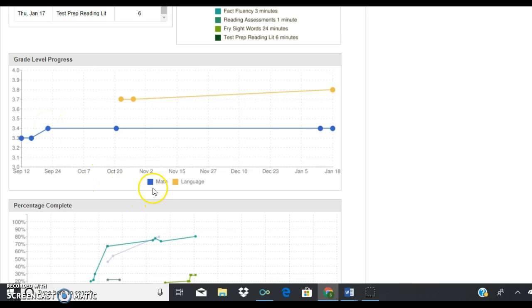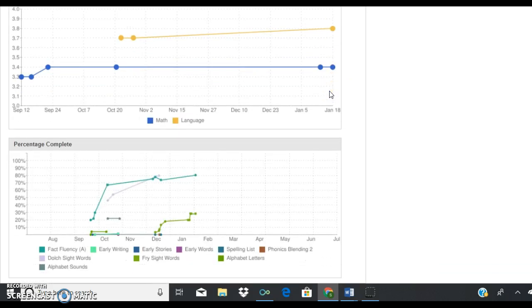in math, because here you can see blue represents math. So he's at the 3.4 in math, and in language, as of January 18th, he's at a 3.8 grade level progress in language. Here you can see the percentage of work completed.